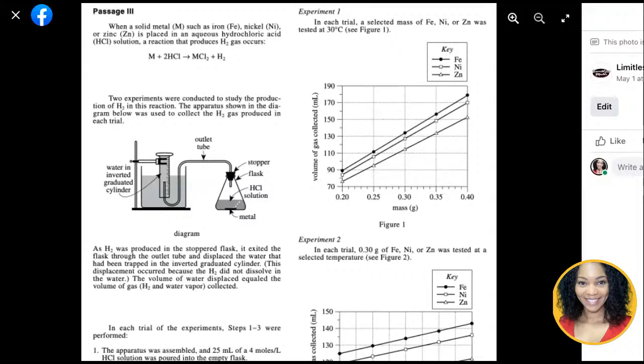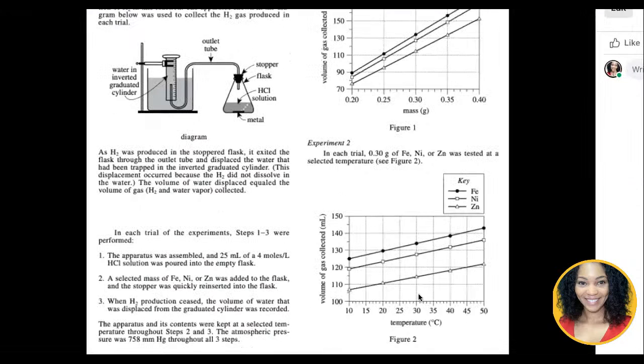So the first thing they directed us to was experiment 2. Down here, experiment 2. And then they said Ni. And I know Ni is right here according to the key. This is the one that has the open square on it. And then they want me to do 30 degrees Celsius.